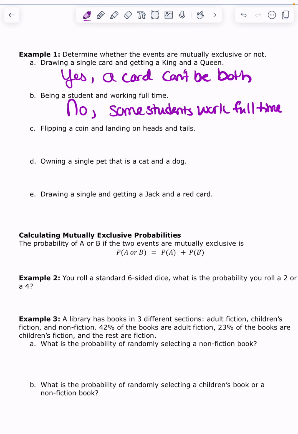Flipping a coin and landing on heads and tails, that's impossible, so yes, it's one or the other. Owning a single pet that is a cat and a dog, again, you have one or the other, so those are mutually exclusive.